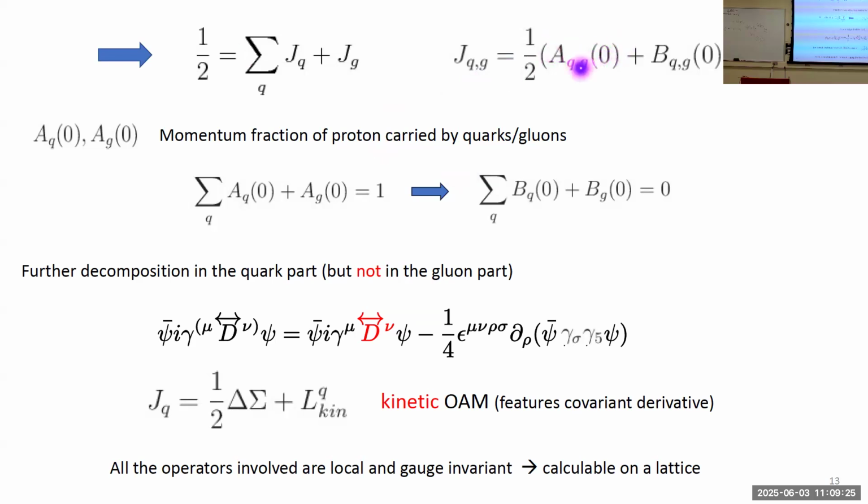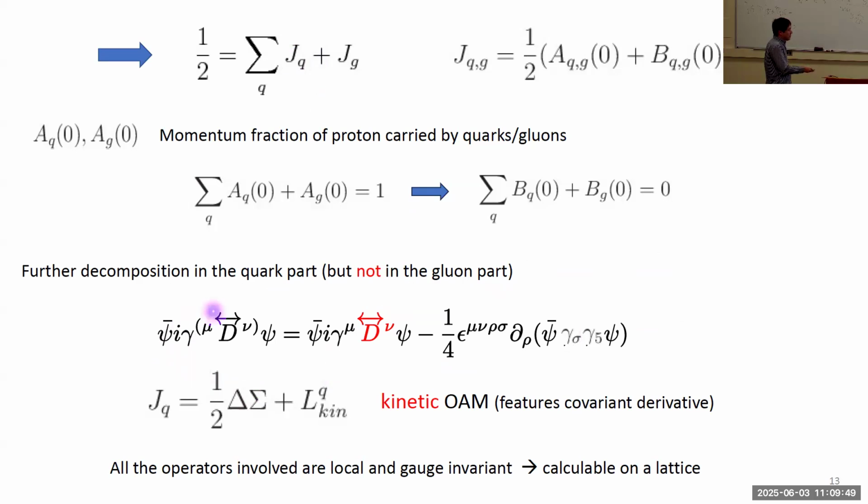Now, at this point, I haven't made any distinction between helicity and the orbital angular momentum. This J is the total angular momentum of quark and gluons. But in the case of quarks, you can do the further decomposition into the orbital angular momentum and helicity, and you can do that by using this operator derivation.